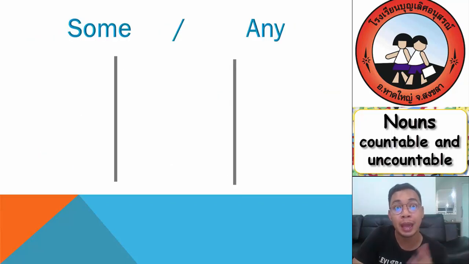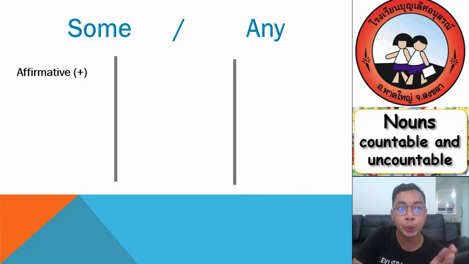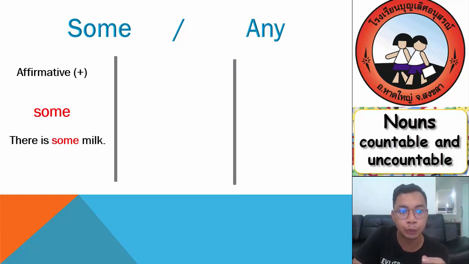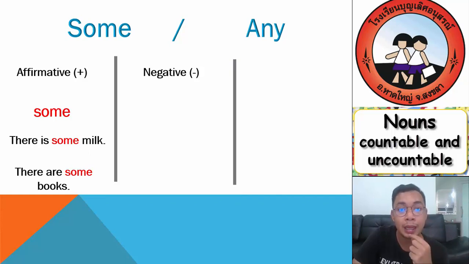How to use some and any. We use some with affirmative sentences, or ประโยคบอกเล่า. For example, there is some milk. There are some books. Some ใช้กับประโยคบอกเล่า. In negative sentences, we use any.